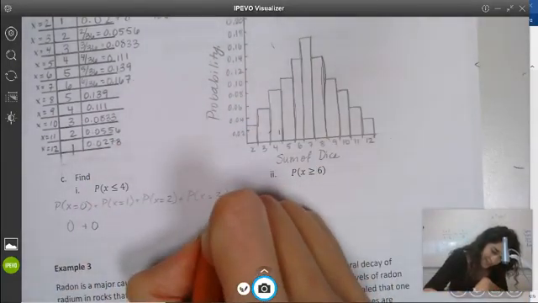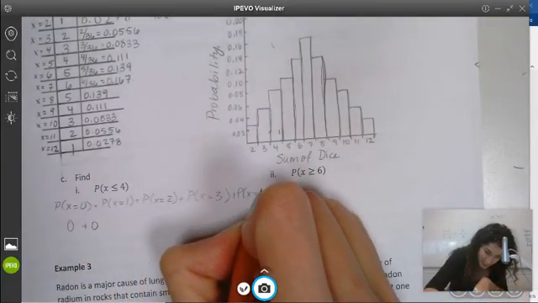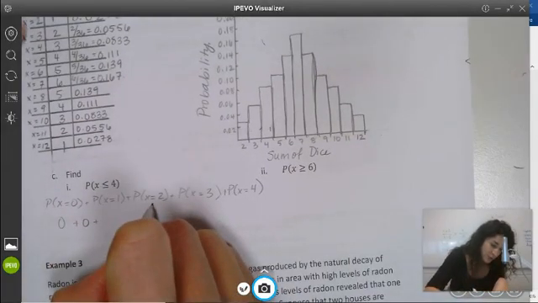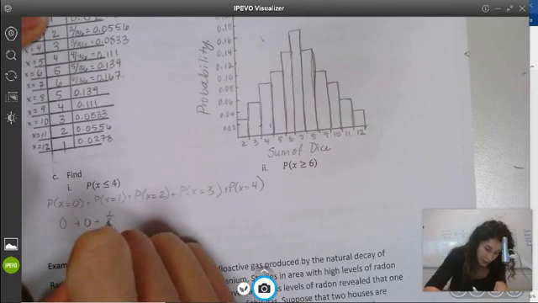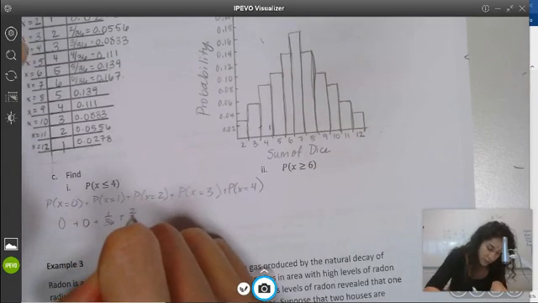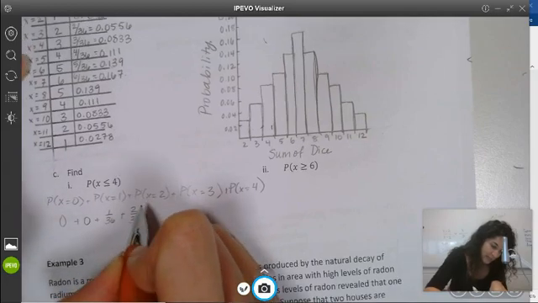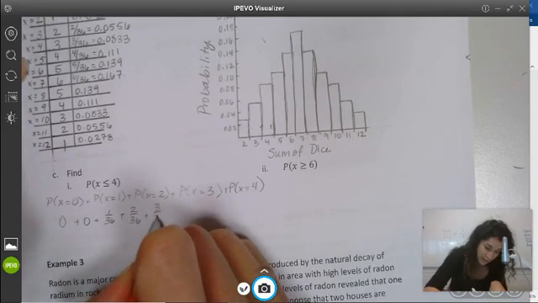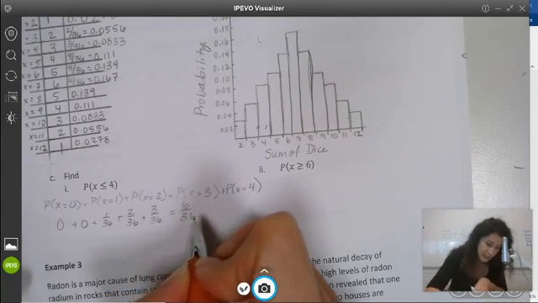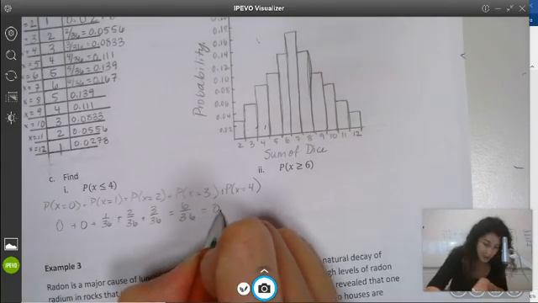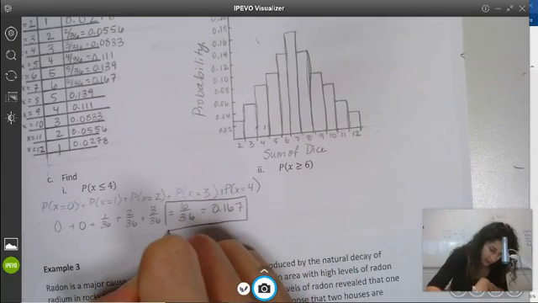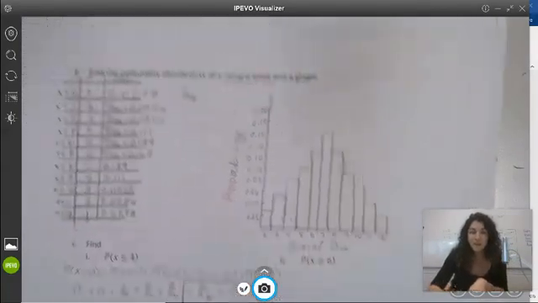My bad. So the probability x equals 2 is 1 over 36, plus the probability that x equals 3 is 2 out of 36. The probability that x equals 4 is 3 out of 36. That's 6 out of 36, which is 1/6, which is equal to 0.167. Okay.